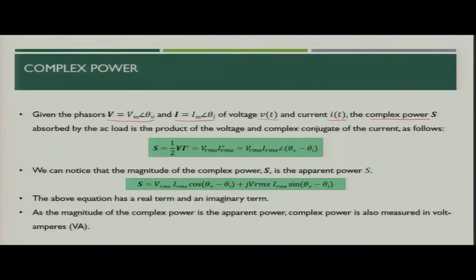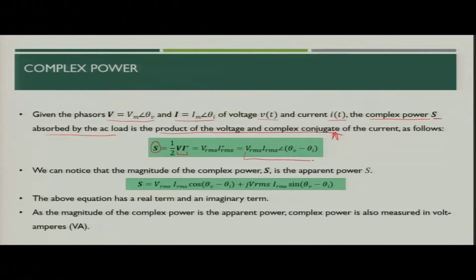Complex power S is the power absorbed by the AC load, and it is the product of voltage and the complex conjugate of the current. So, how will we write complex power S? S is nothing but 1/2 V times I conjugate. I conjugate means the I value will now become I∠−θI instead of θI.